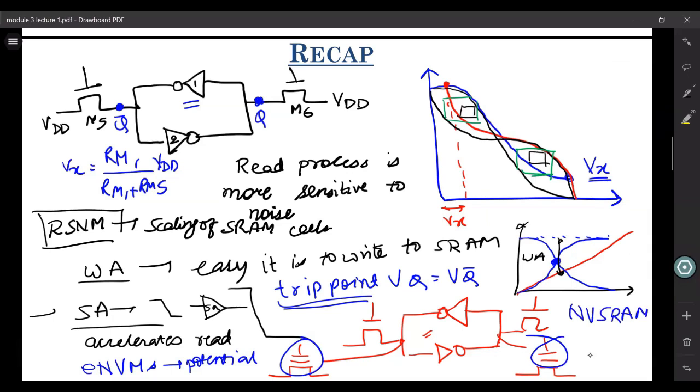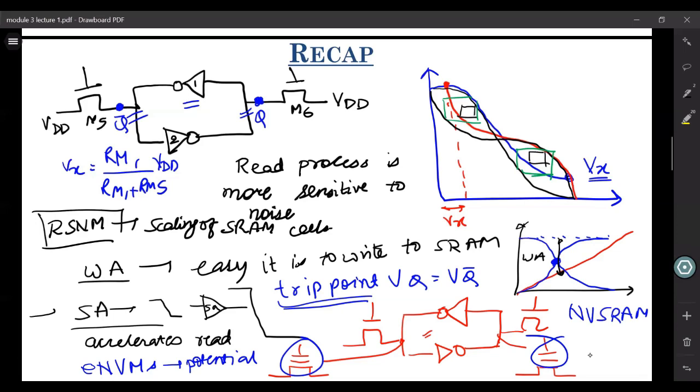In the assignment, I have asked you to go through what are the major limitations of RSNM and HSNM. We have measured them by sweeping the voltage at these internal storage nodes. However, this is not accessible in commercial SRAM banks. How industries go about it using non-invasive techniques or non-destructive read is given in the assignment.